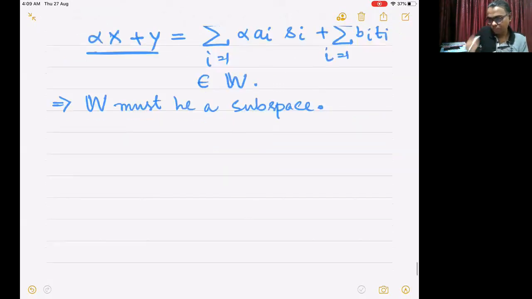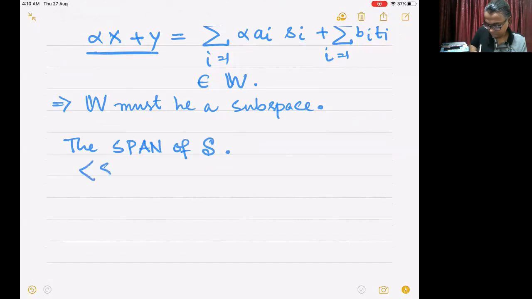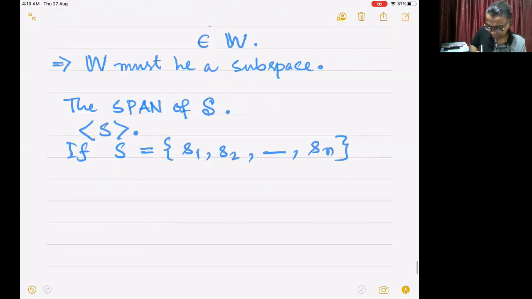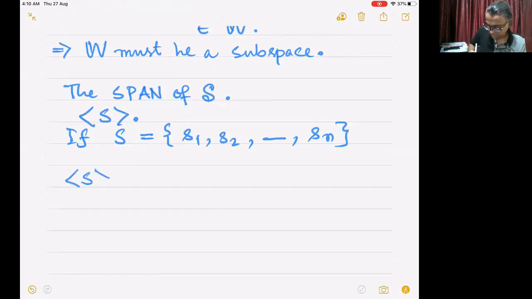This W, the way it has been defined, is called the span of S, denoted by span(S). If S is a finite set, if S is just equal to {s1, s2, ..., sn}, only this finite collection of vectors, then often for span(S) we also write <s1, ..., sn>.